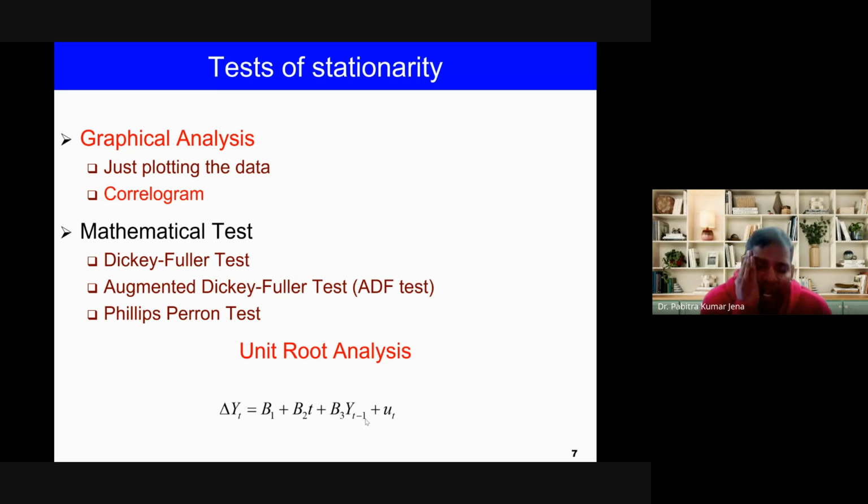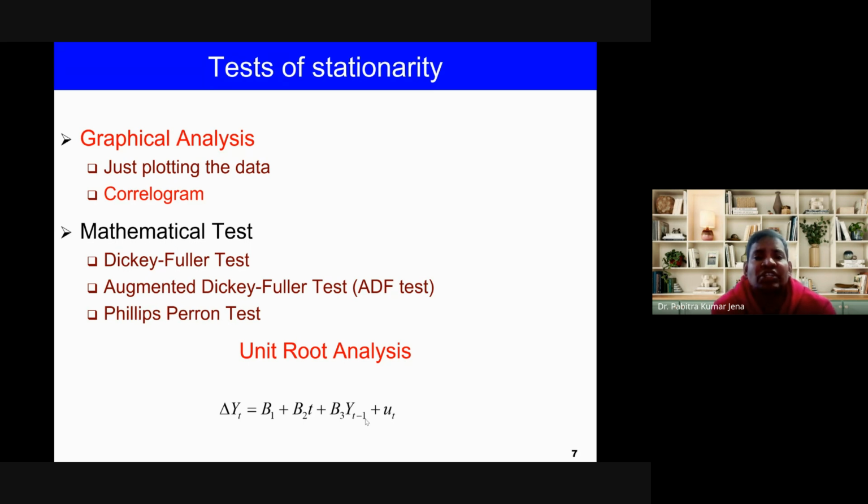So the fourth assumption of OLS, which is also related to your error term, is that it should be homoscedastic. Homoscedasticity comes from two words: homo, which means equal, and scedasticity, which means spreadness or scatteredness.